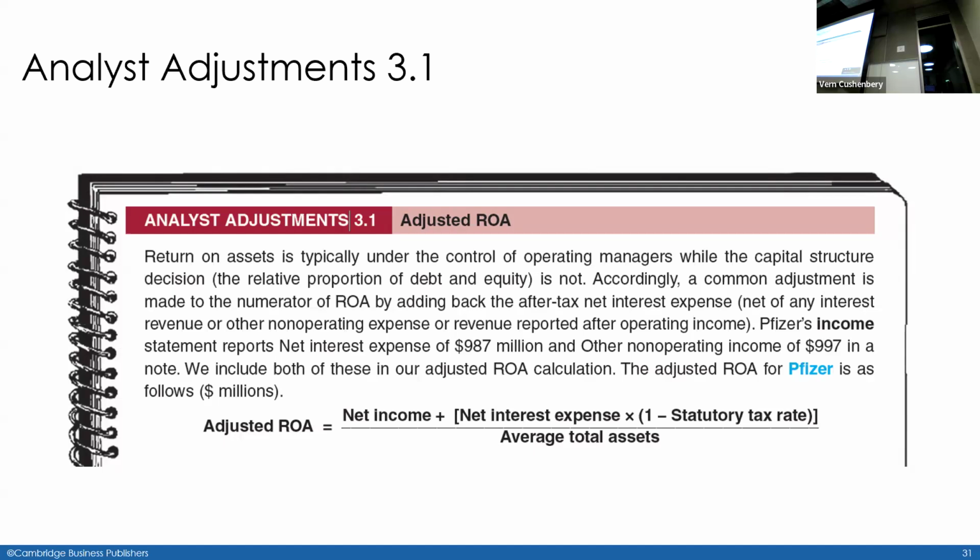Barbarians at the Gate is a movie about the takeover, the hostile takeover of RJR Nabisco.